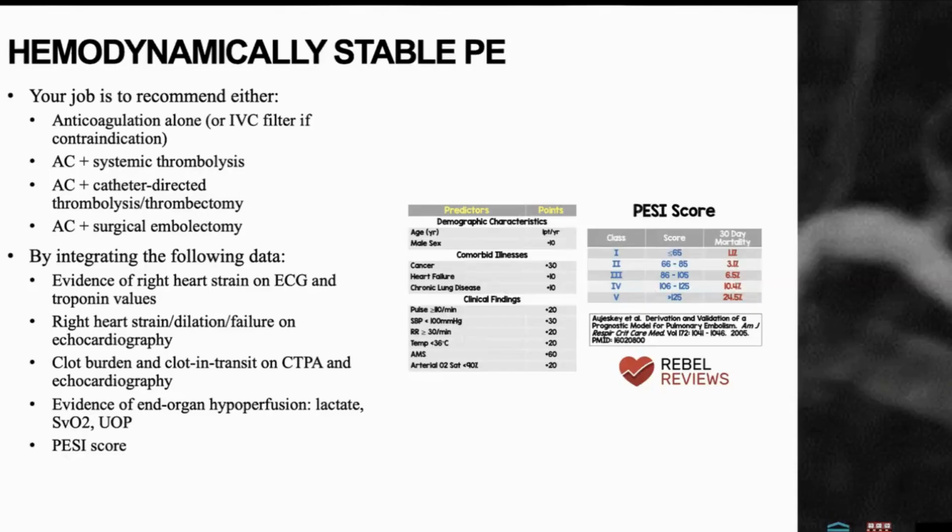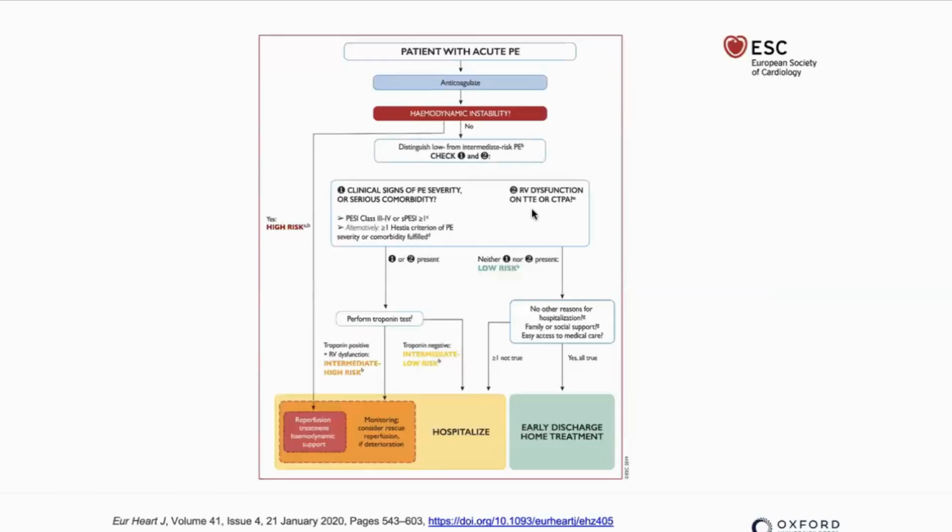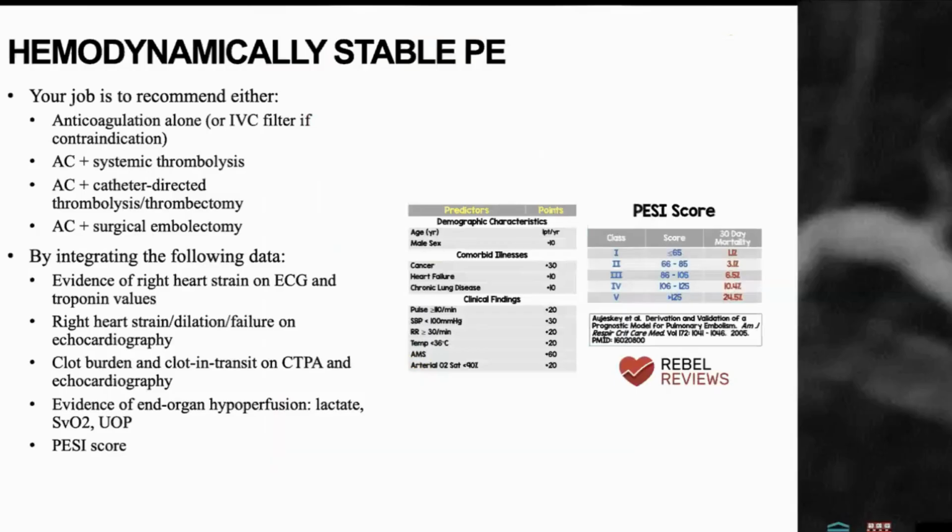All right. So there's all these kind of algorithms, like I'm going to show you right here, and these algorithms can be kind of confusing, but in reality, there's no one true algorithm. Really, to put it simply, if you have a hemodynamically stable patient, you're trying to decide: am I going to be aggressive from an interventional standpoint, or am I going to be conservative, doing either systemic thrombolysis or just anticoagulation?